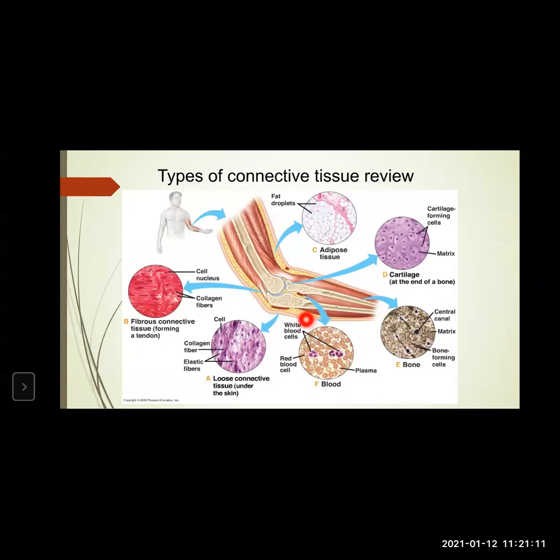This is known as areolar tissue. Areolar tissue consists of different types of cells and fibers, which provide flexibility to the tissue. The function of this tissue is to provide support to the other tissues. It is supportive in function.